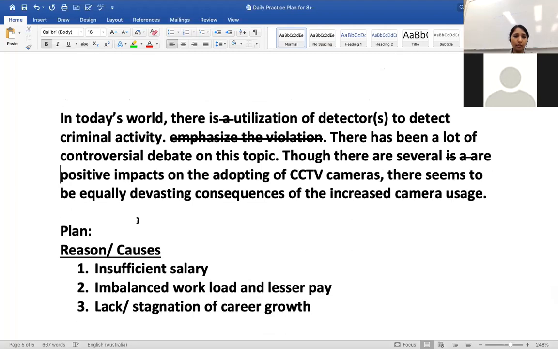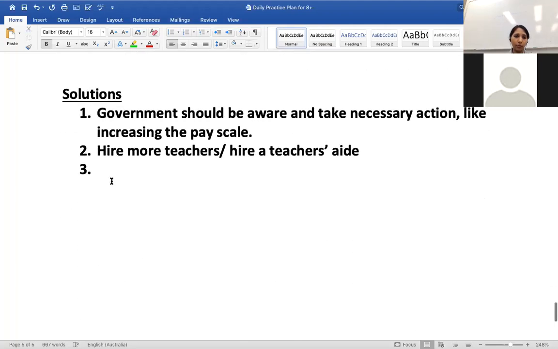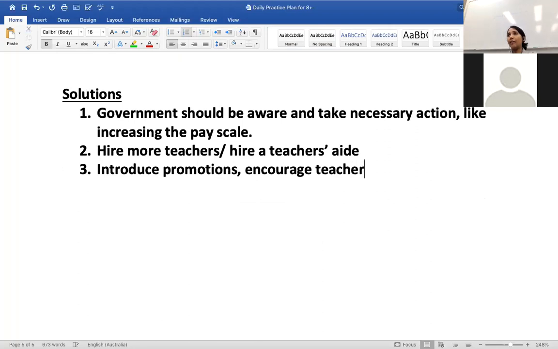Improve promotions or introduce promotions, yes. Introduce promotions. What could be the promotion for teachers? They can encourage teachers or provide them higher education to promote them to a higher position, like a teacher can become a professor or a dean, so they can be encouraged to pursue higher education and pass higher exams.